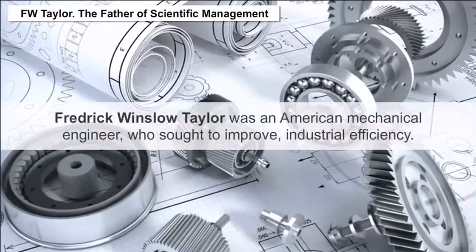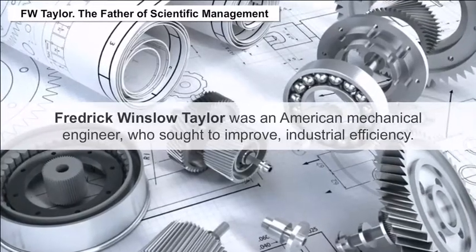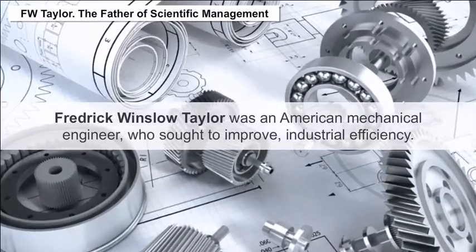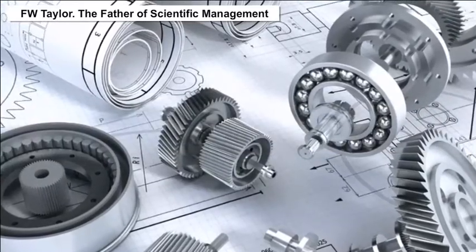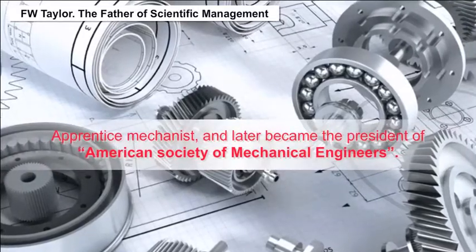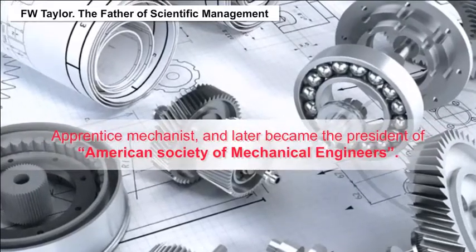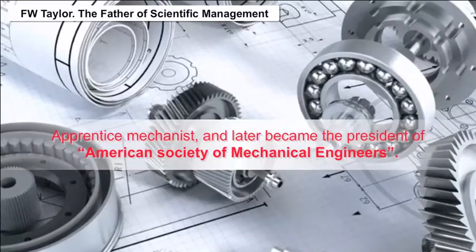Frederick Winslow Taylor was an American mechanical engineer who sought to improve industrial efficiency. In 1874, he started his career as an apprentice machinist and later became the president of the American Society of Mechanical Engineers.